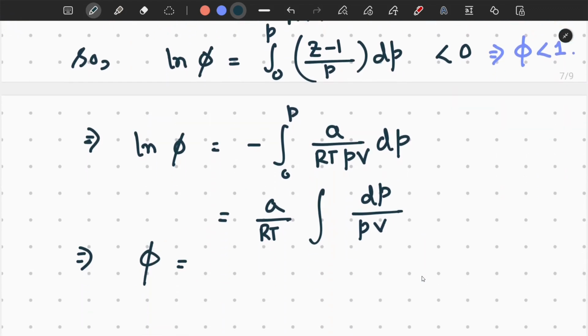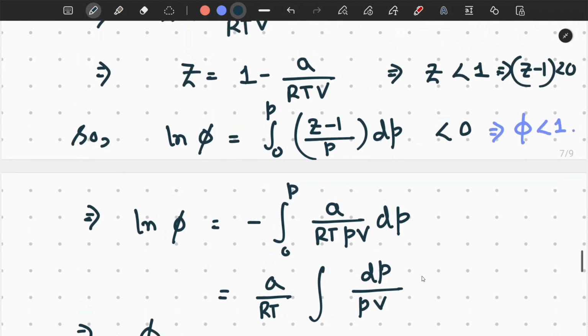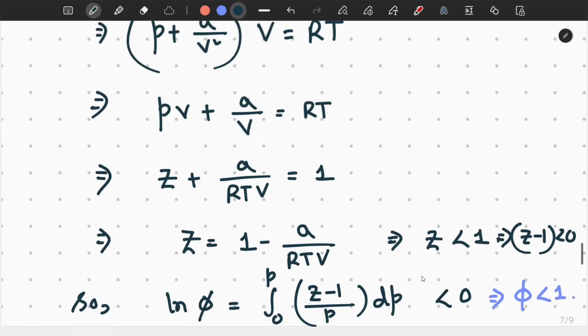So better you have to do some approximation. Let me check. If we consider volume is independent of pressure, then everything is useless. That you can't do. It is not very high pressure.